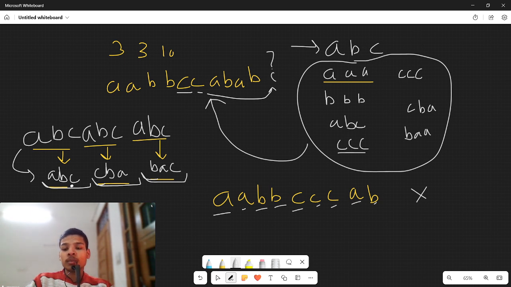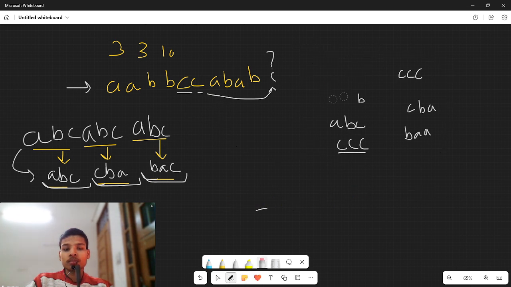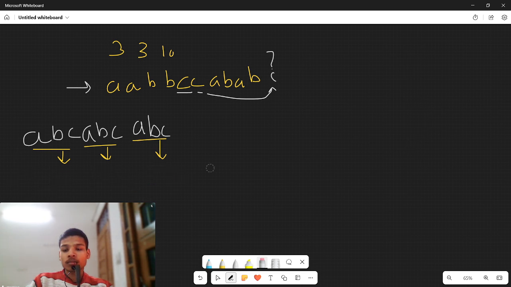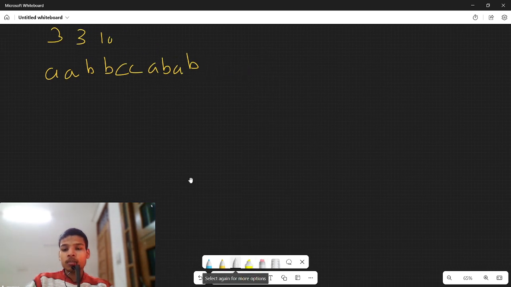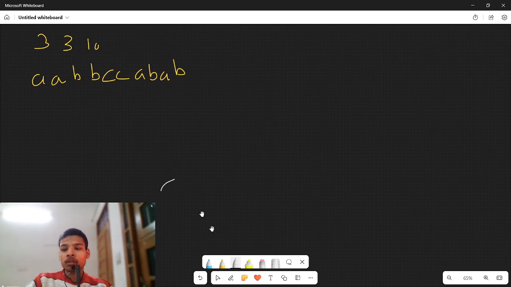I will simply try to make this type of string from the given string. For example, what is the string possible which I want?